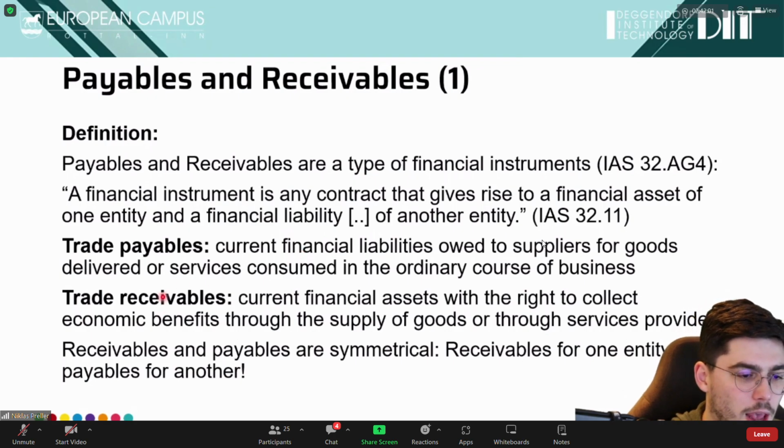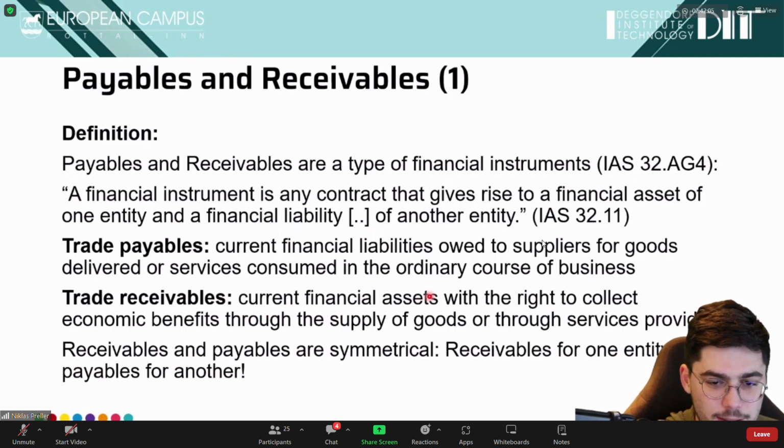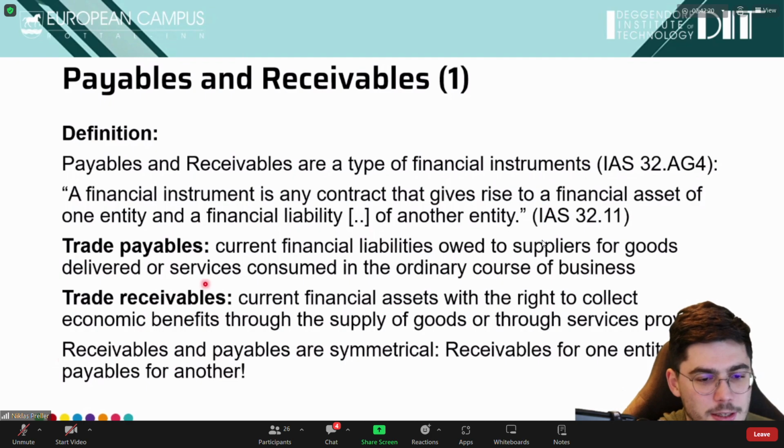And also the other way around, trade receivables are current assets with the right to collect economic benefits in the form of money through the supply of goods or through services that we provided. And receivables and payables are, of course, symmetrical. So receivables for one entity are payables for another.